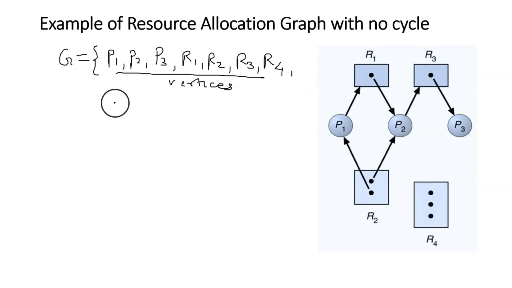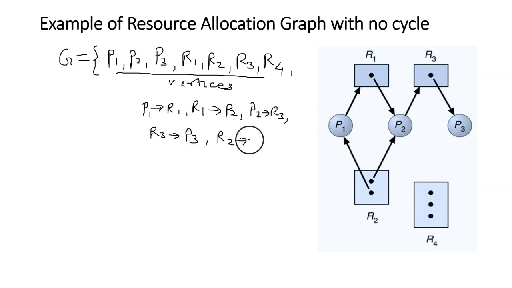These are the vertices, and there is E, the set of edges: from process P1 to R1, R1 to P2, P2 to R3, R3 to P3, R2 to P2 and R2 to P1.